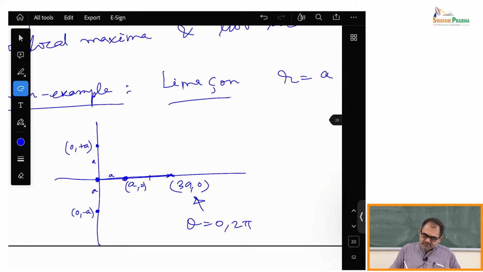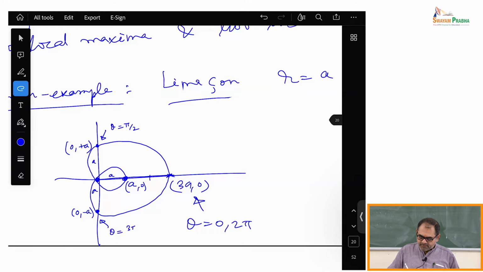And the curve essentially is like this. It has an outer loop like this, it goes like this, and this is how the curve looks, all right. So this point corresponds to theta equal to pi by 2, and this point corresponds to theta equal to 3 pi by 2.